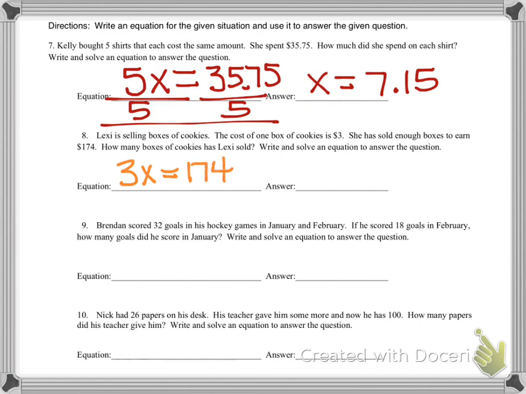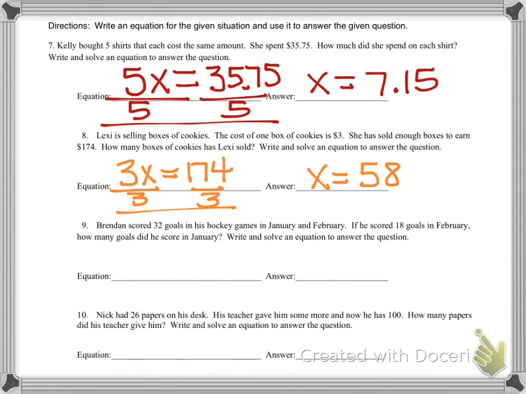And then in order to solve this, divide each side by 3, and we would get x is equal to, well, let's see, 58, I think, 58. You check that out. If that's not right, you can fix it. I believe it's 58. X equals 58. 174 divided by 3.